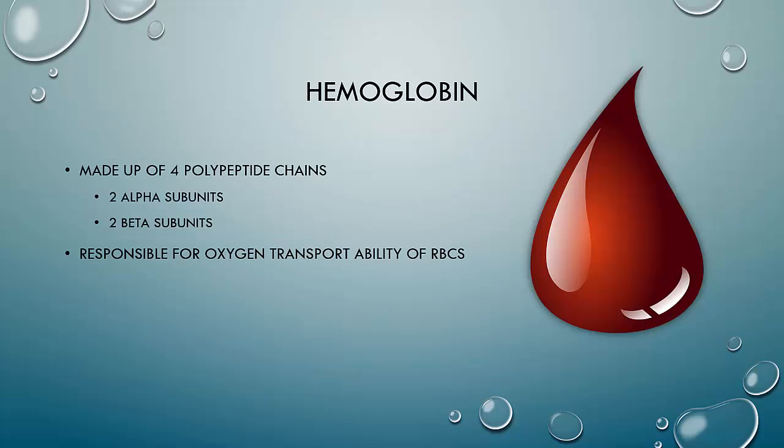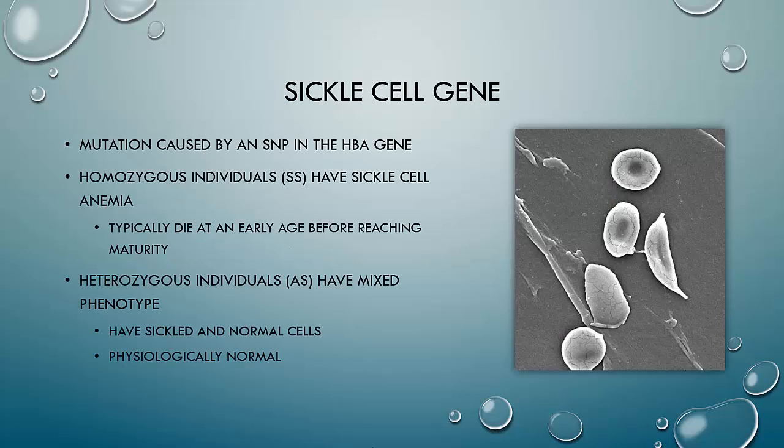So in order to really look at malaria, we need to understand a bit about hemoglobin and a disease called sickle cell anemia. Hemoglobin is made up of 4 polypeptide chains, 2 alpha subunits and 2 beta subunits, and it is responsible for the transport of oxygen. Now, sickle cell anemia is caused by a sickle cell gene.